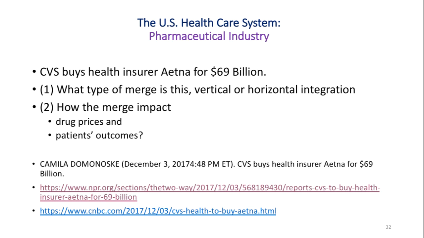For example, an integrated insurer could provide pharmacy benefits to incentivize you to do things like filling your blood pressure pills so that you don't end up in the hospital. So that may actually improve patients' outcomes.